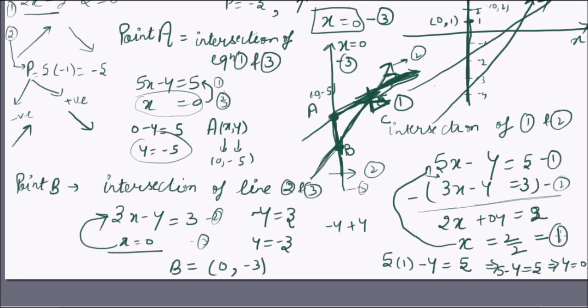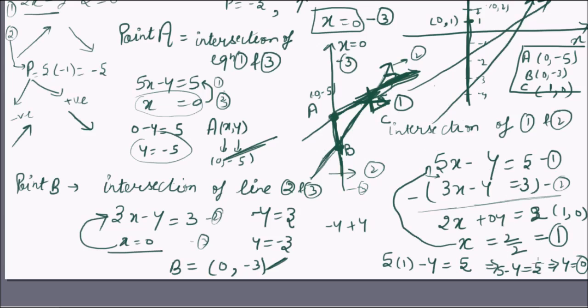Thus x equal to 1 and y equal to 0, or 1, 0 are the coordinates of intersection of 1 and 2, that is point C. Thus all in all, we have vertices as A 0, minus 5, and B 0, minus 3, and C 1, 0.